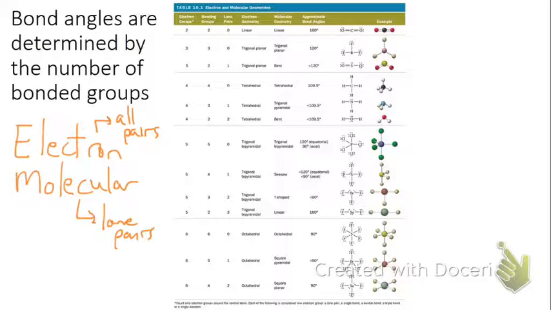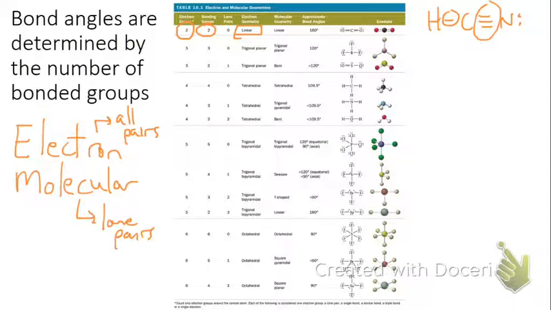So, 2 electron groups. In this case, we happen to have 2 bonding groups with no lone pairs. The geometry is linear. Now, these 2 electron groups can also be double or triple bonds. So on your exam, I gave you this molecule. There are 2 electron groups: 1, 2.